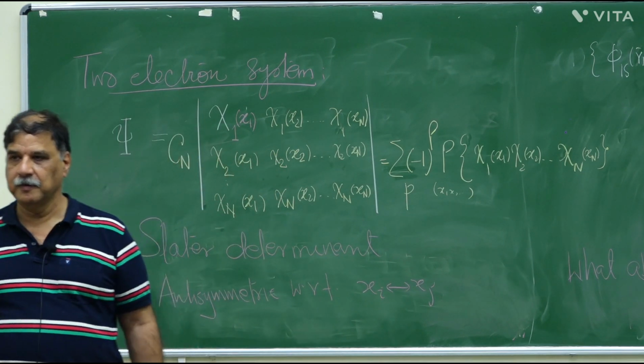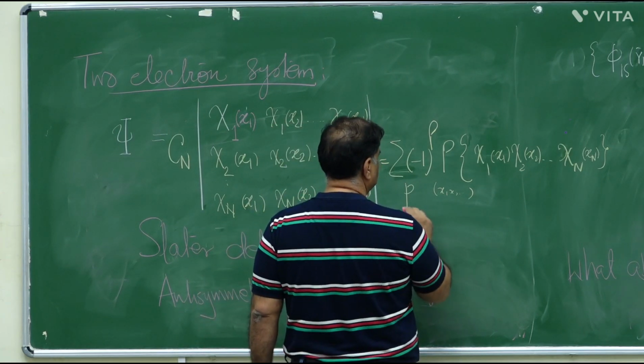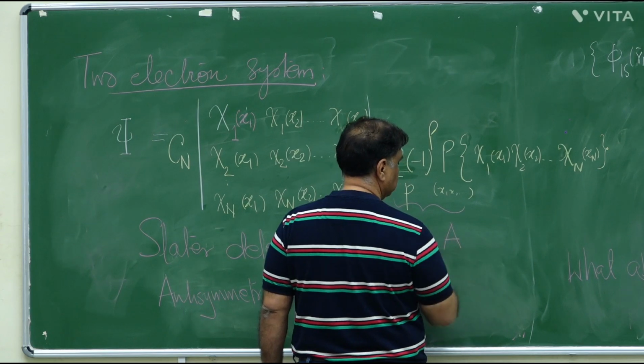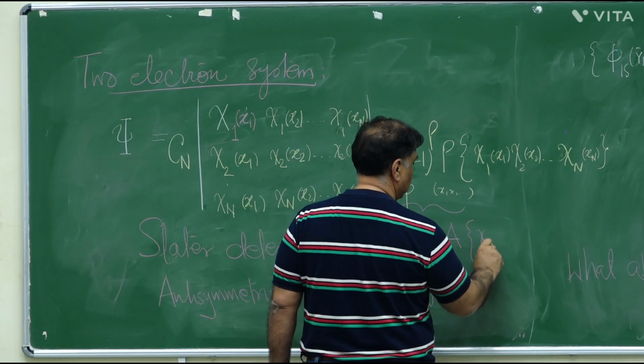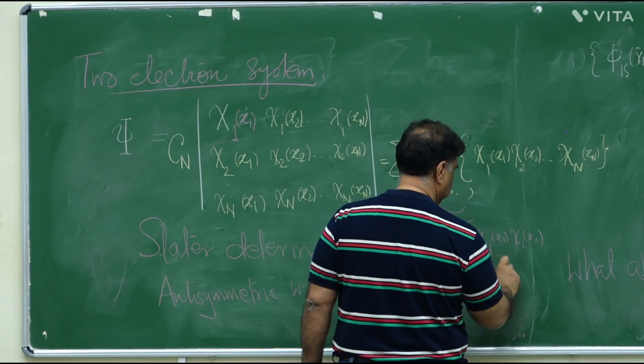That's another way of writing it. And this you can call the antisymmetrization operator acting on chi 1, x1, chi 2, x2, all the way to chi n, xn.